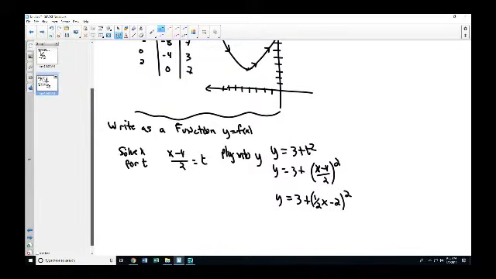All right, what do you do with that? Foil it. And there's your more familiar form of a parabola. Right?